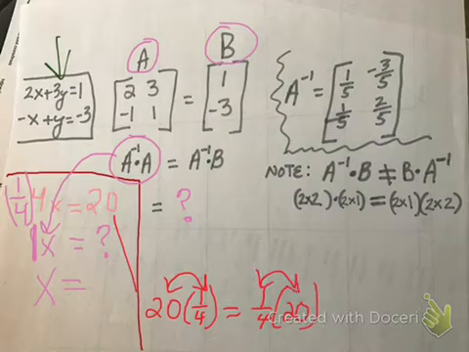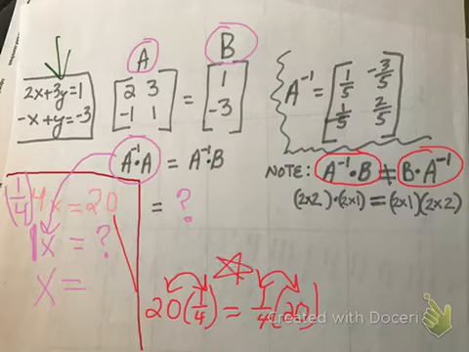However, in matrices, order does matter. This is the counterintuitive thing about matrices, because it goes against everything you've ever been taught. A times B is equal to B times A, but when it comes to matrices, it's not necessarily true.